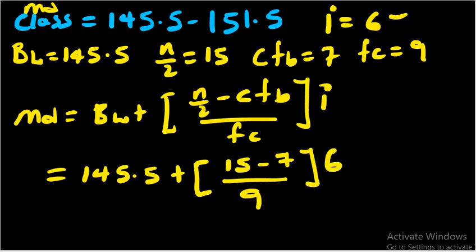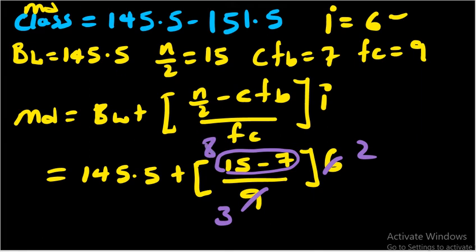Let us try to simplify this now. When we simplify 9 and 6 by 3, it is 3 and 2, and 15 minus 7 will be 8, this result will be 8.